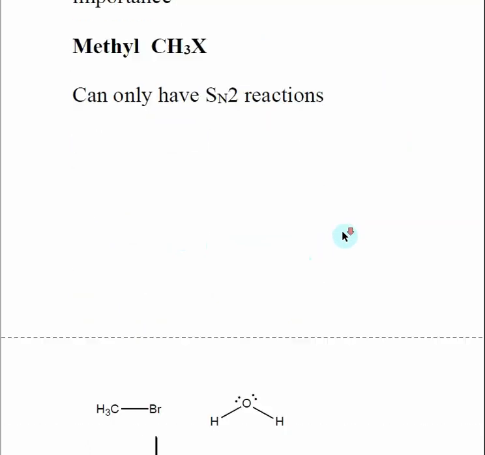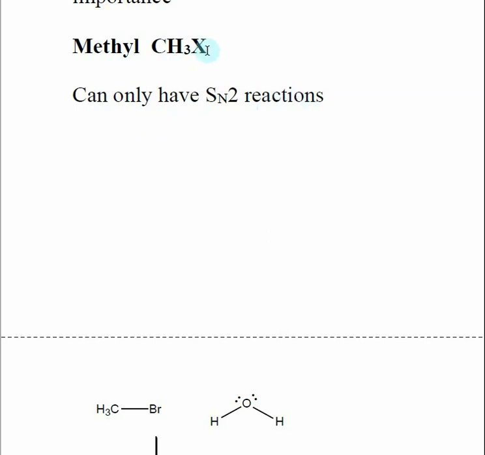So the first leaving group is a methyl leaving group, and it's not on my sheet because this is the easiest one. Methyl means that I have a halogen attached to a CH3, so there's not a lot of variation here. This species can only go SN2, and this is important because it has so little sterics. It favors SN2 reactions so much that's all that can occur.